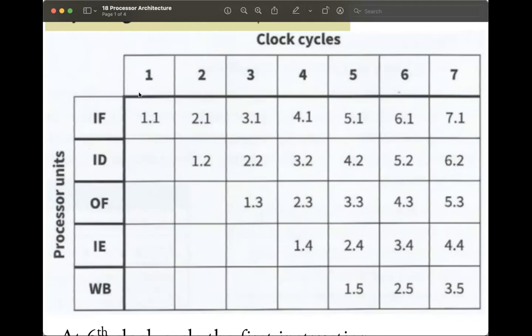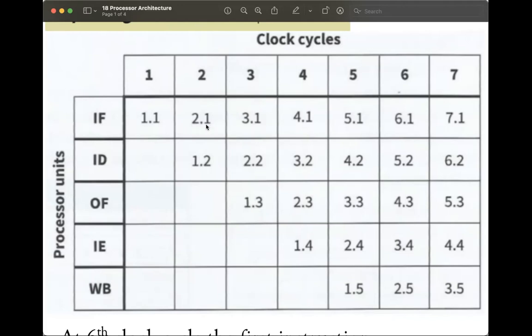Now imagine that in the first clock cycle, my first instruction, this 1.1, enters my first stage. This first instruction will move to the second stage in the second clock cycle. Meanwhile, my first component is now free because my instruction has passed through it to the second component. Since my first component is free, we are allowed to enter a new instruction in its first stage.